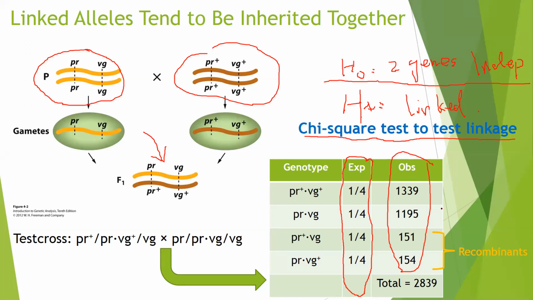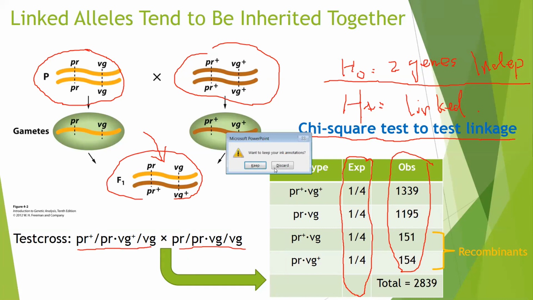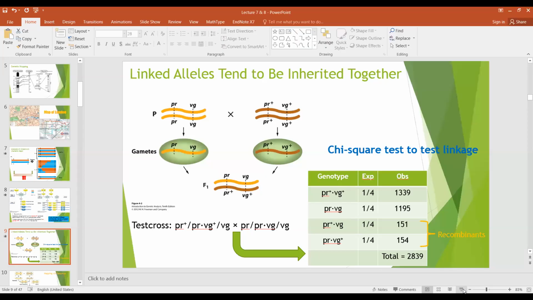Okay, so let's look at the details about this. If we test cross this F1 individual with the double homozygous recessive individual, we're going to see this data.